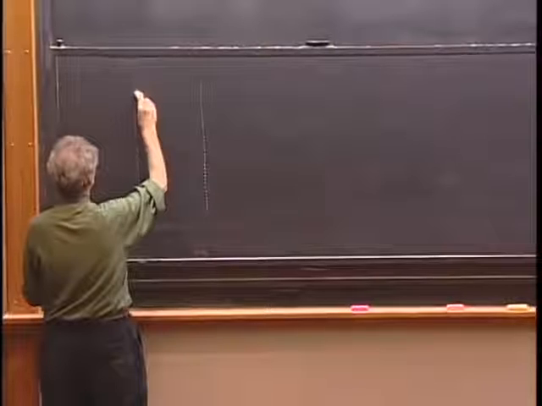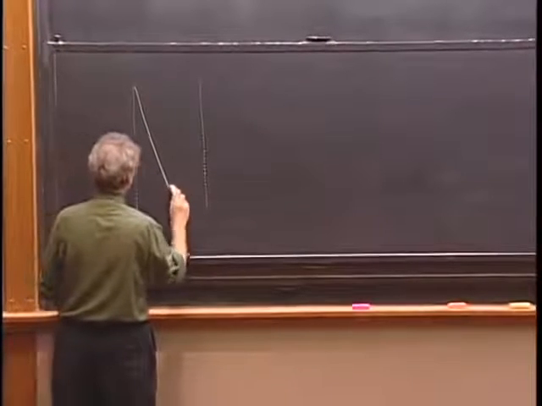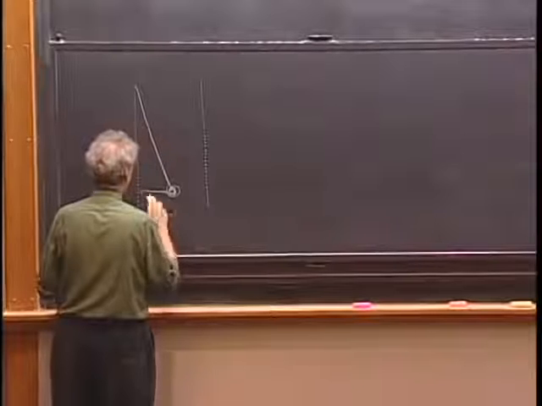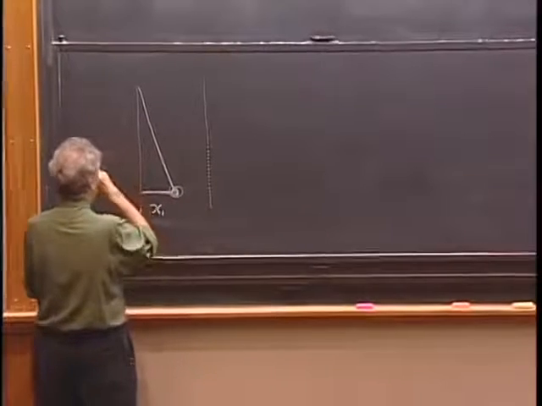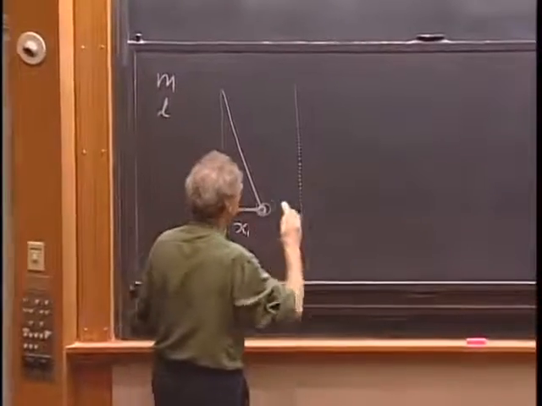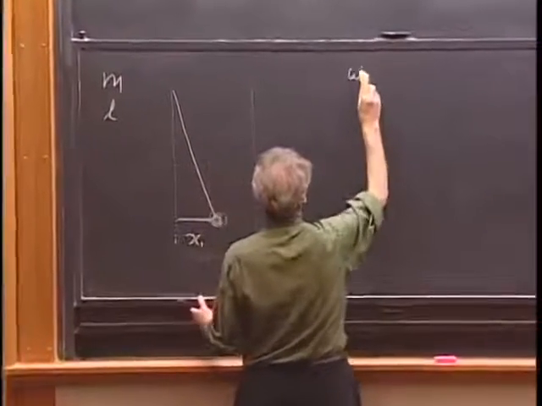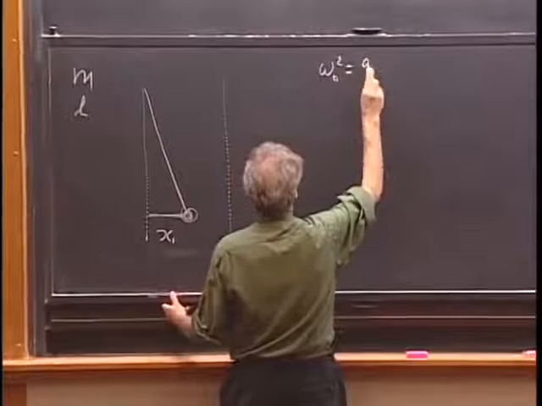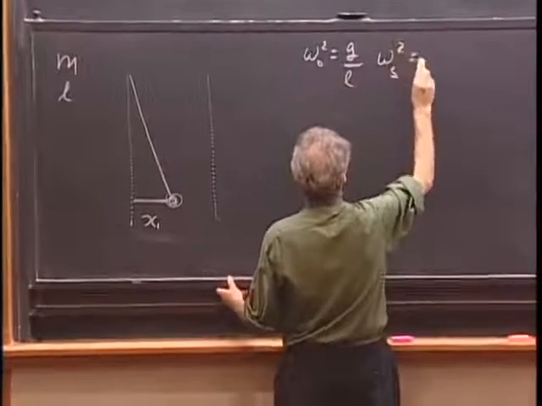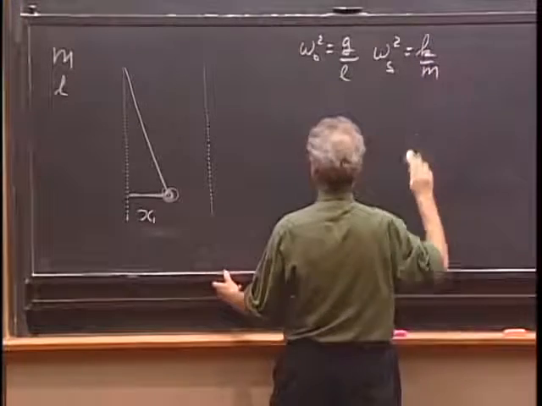Okay, if you're ready, I'm going to offset the first one over a distance x1. They have mass m, they have length L, to remind you. And we are going to have omega 0 squared equals g over L, and omega s squared equals k over m.